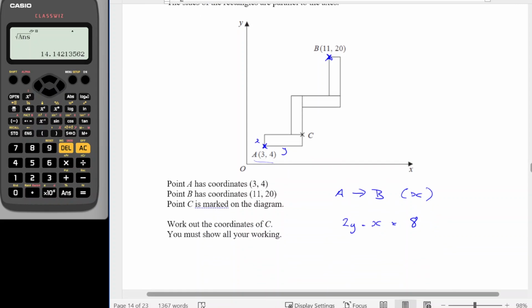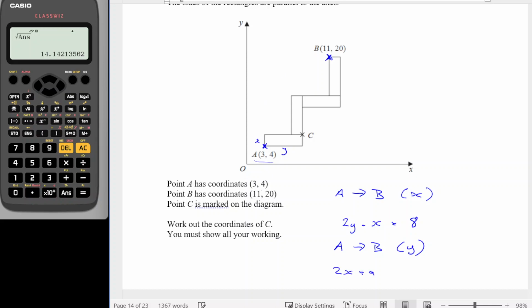And then if I look at the change in coordinates between A and B in the y-axis, I've gone x plus y plus x. So I've got 2x plus y, let's double check that, x plus y plus y. I've got that the wrong way around. So let's just double check. X plus y plus y, so that's 2y plus x.